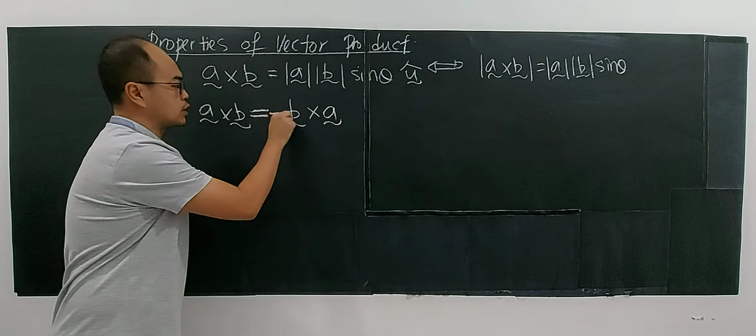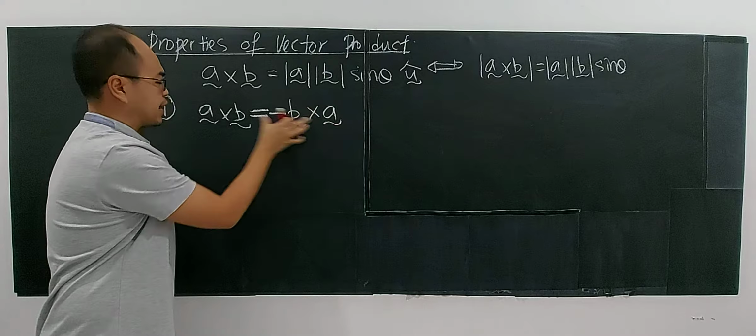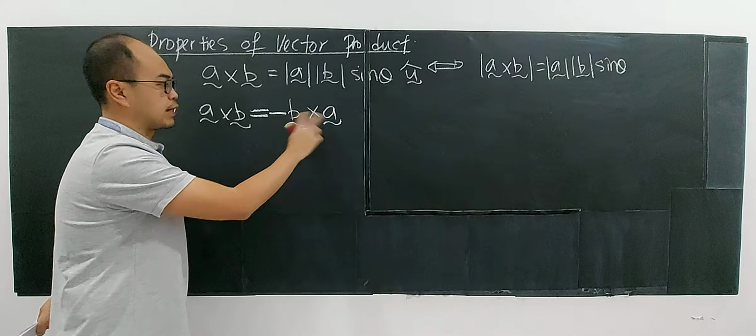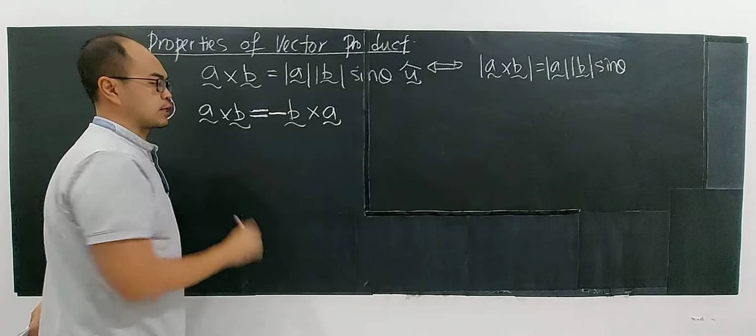They are different because even though the magnitudes of A cross B and B cross A are the same, they are in opposite directions. I have already explained this in another video.